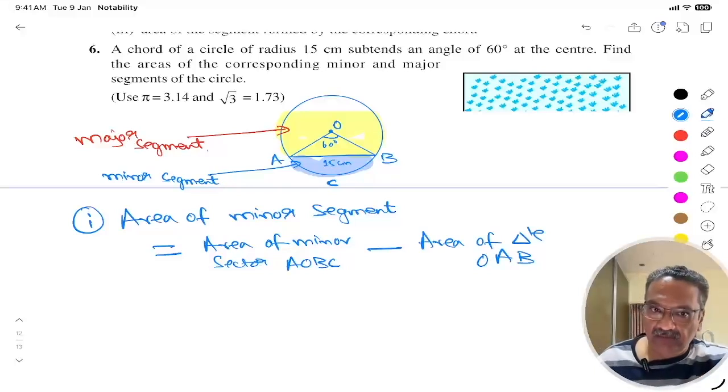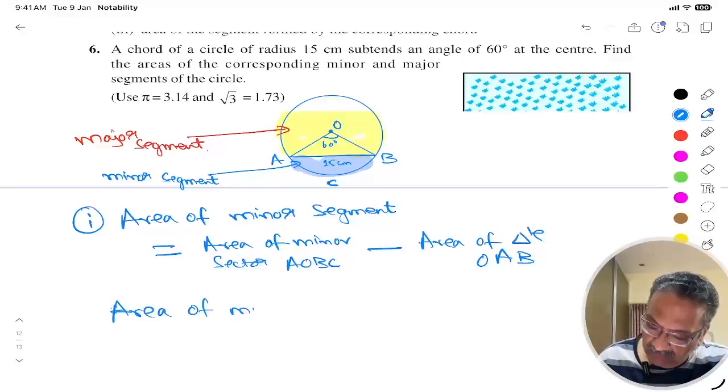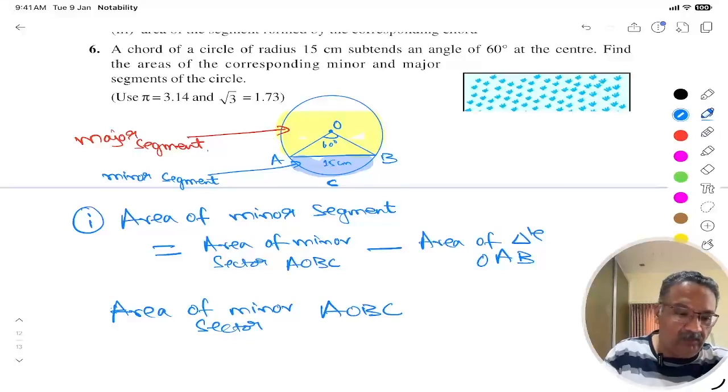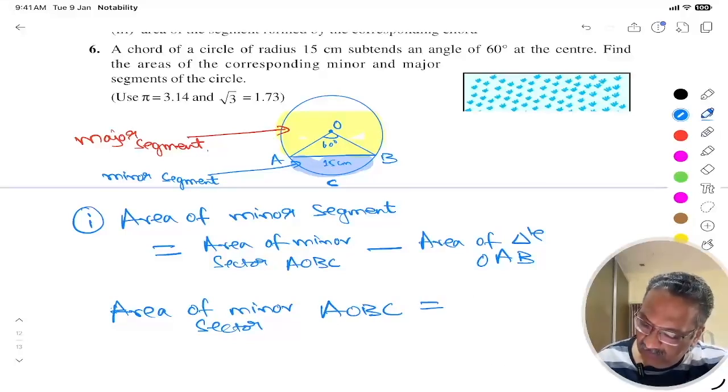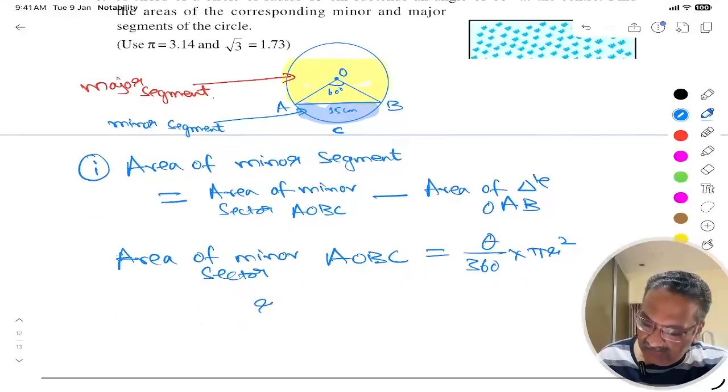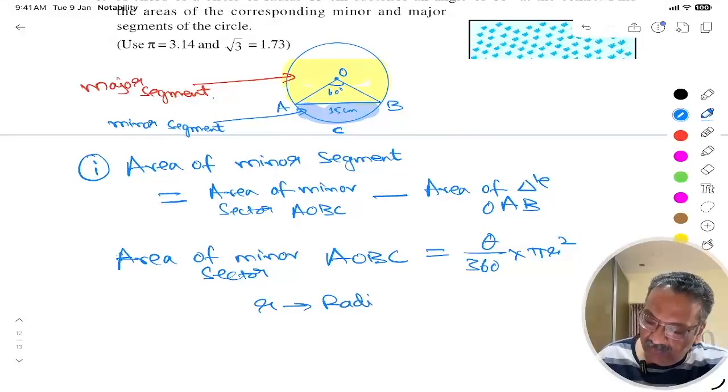So what is the area of minor sector now? Area of minor sector AOBC is equal to theta by 360 into pi r square, where r is the radius. Now do we know the radius here?